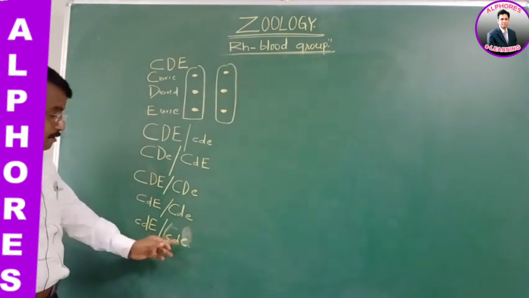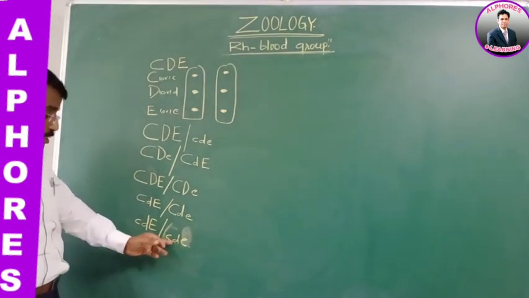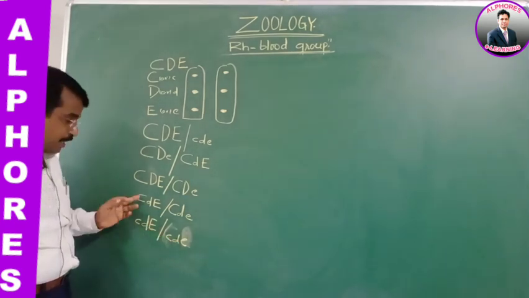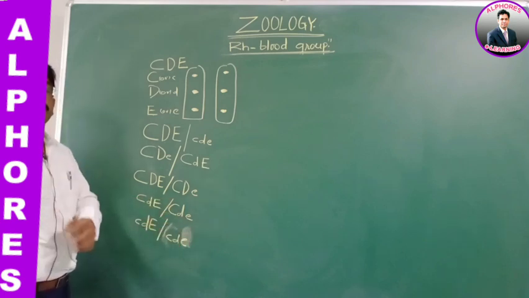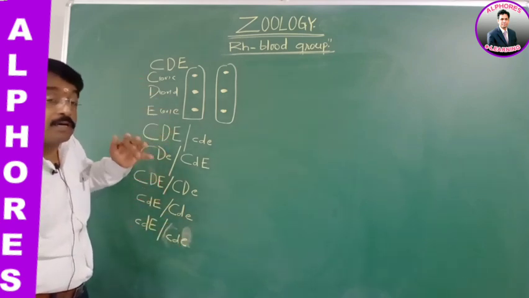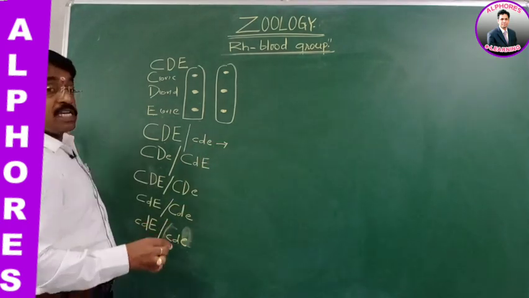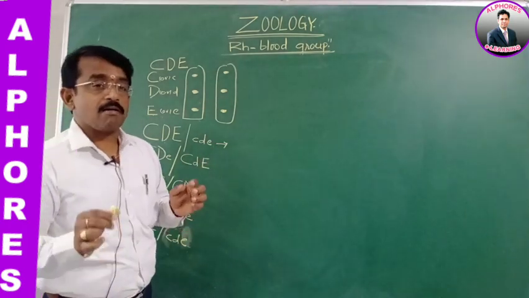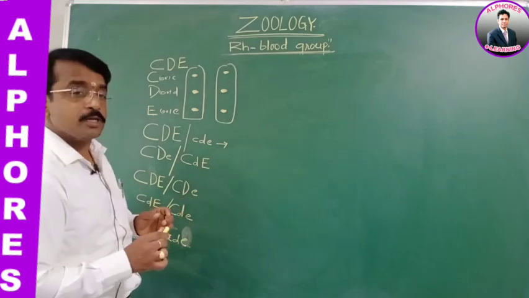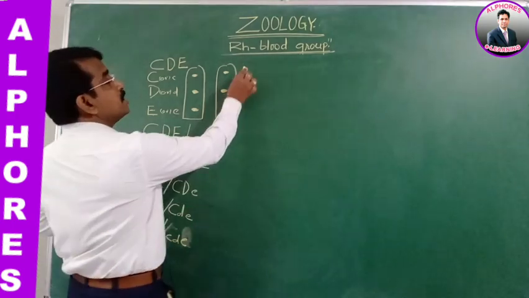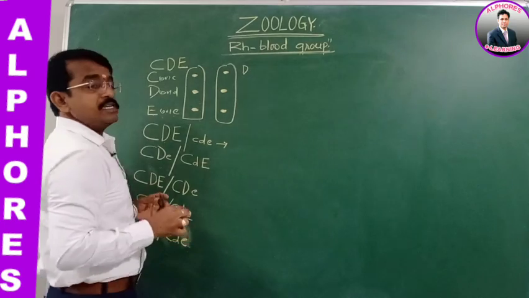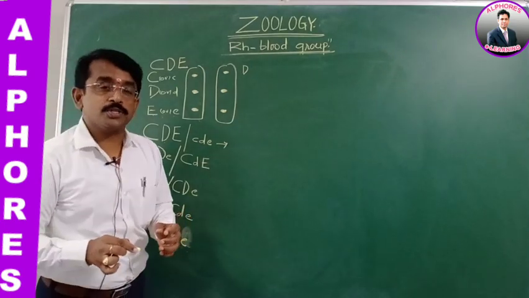Why I have changed this here is that there should be different types of genotype. These are the different possibilities. Here what I told you is that according to Fisher and Race nomenclature, the presence of a capital D is going to determine an individual Rh positive.